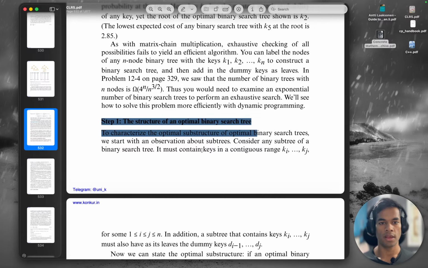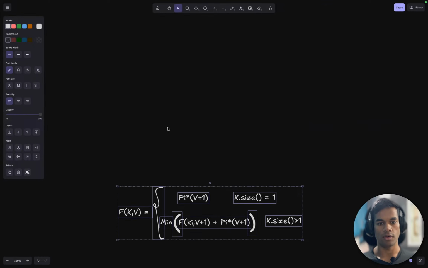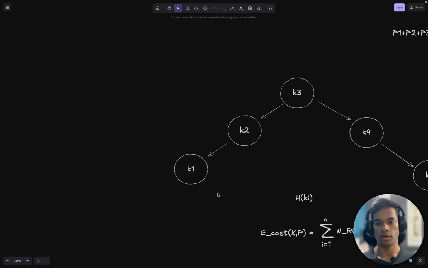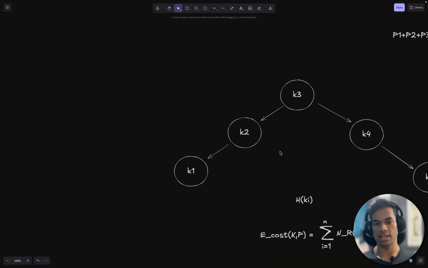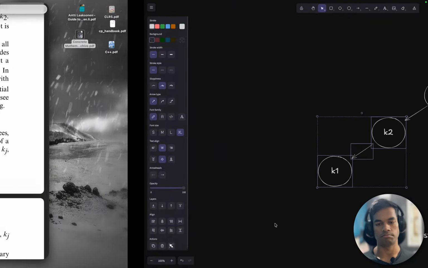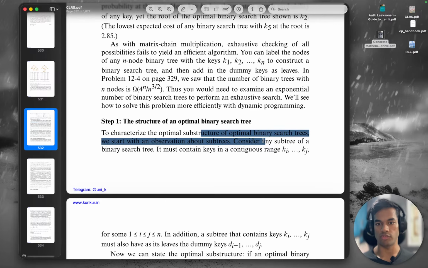So step 1, the structure of an optimal binary search tree, which we gave on our own, and we said that for an optimal binary search tree, the subtrees it has also have to be optimal. That is the structure. To characterize the optimal substructure of optimal binary search trees, we start with an observation about subtrees.